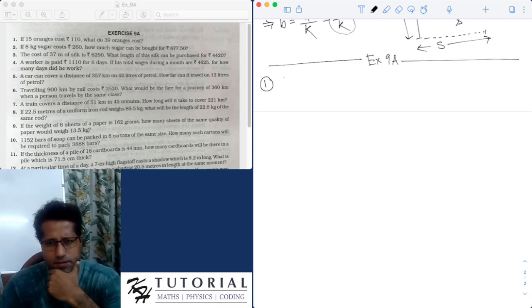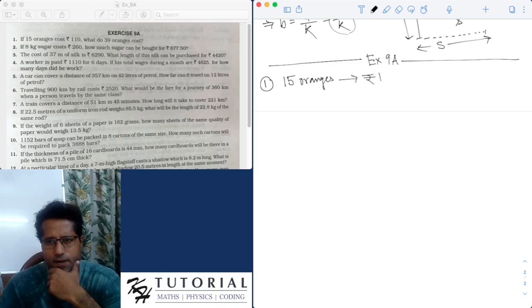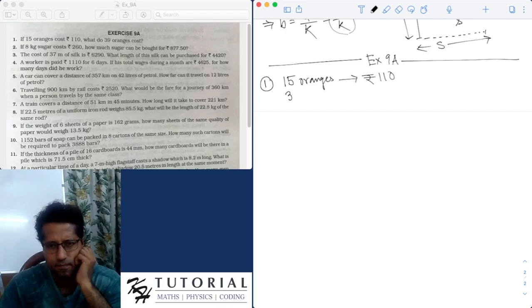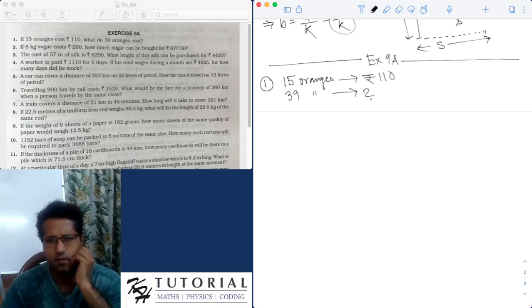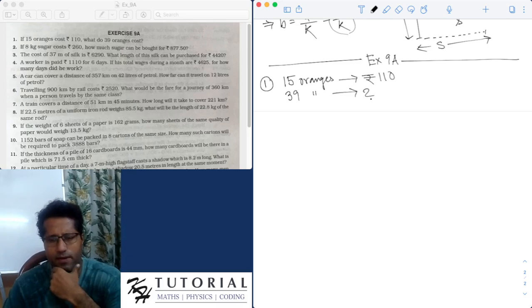So the fact given is that 15 oranges cost rupees 110, and it is asking how many rupees 39 oranges will cost. Now you have to understand very clearly that the number of oranges and the cost of those oranges are in direct proportion.